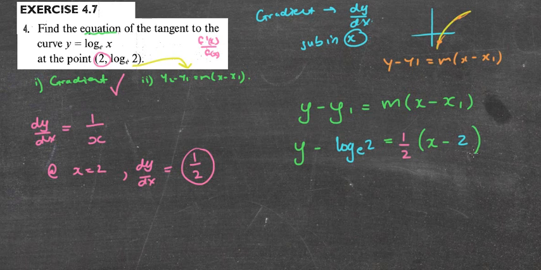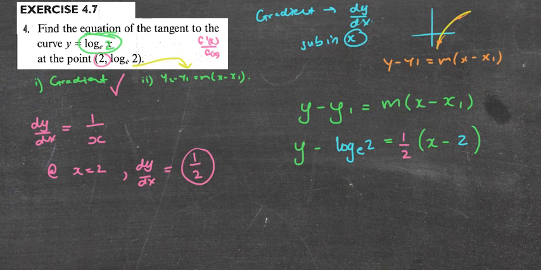So what you can see in the purple is my gradient, that's what we found originally, and the blue there is my coordinate they gave us, 2, log e2. Remember, if they don't give you both x and y coordinates, they have to give you the x1, and you just sub it back into this formula. If I put the 2 there, log e2, that's where it comes from.